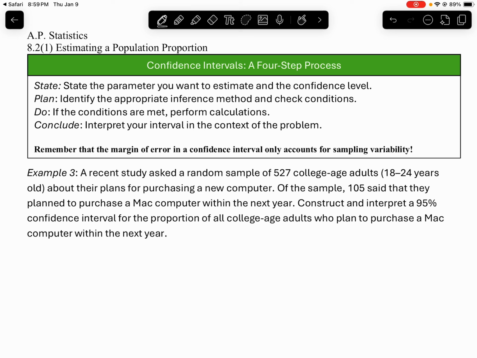It says a recent study asked a random sample of 527 college-age adults from 18 to 24 years old about their plans for purchasing a new computer. Of the sample, 105 said that they plan to purchase a Mac computer within the next year. We have to construct and interpret a 95% confidence interval for the proportion of college-age adults who plan to purchase a Mac within the next year.